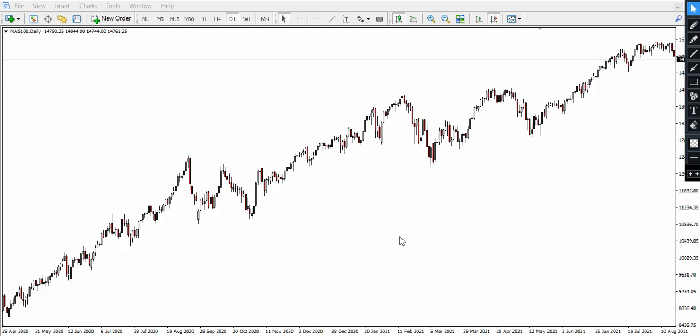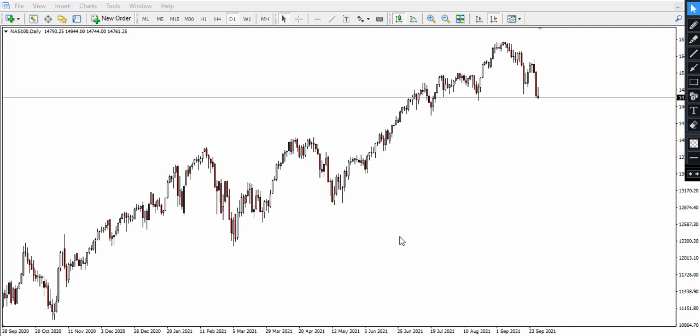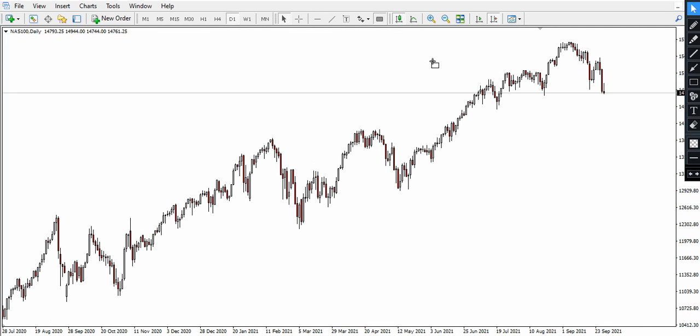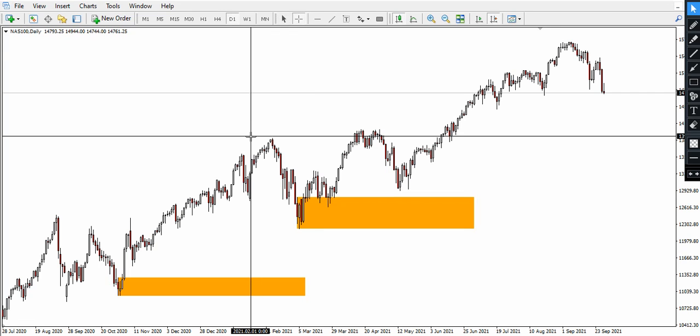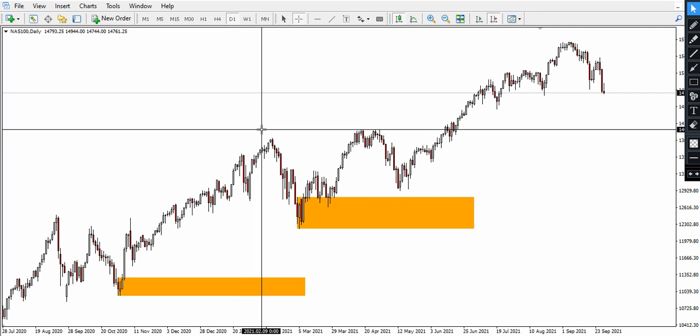So as we can all see, I'll start right at the bottom. We have an order block that is not respected here. All right, and then again we have another order block which is not respected down here, and then again, what do we see here?